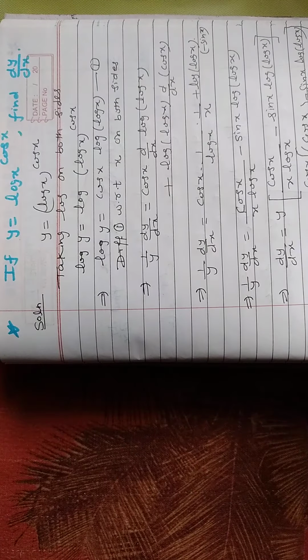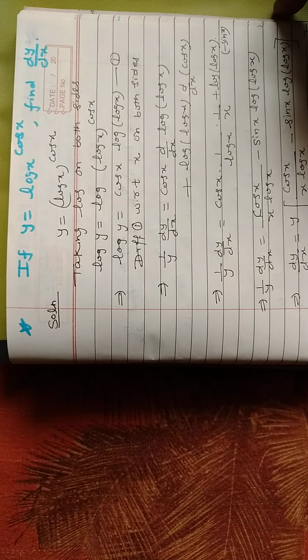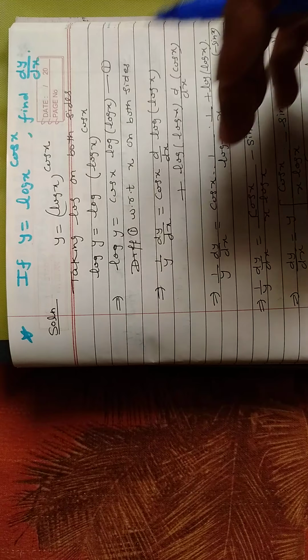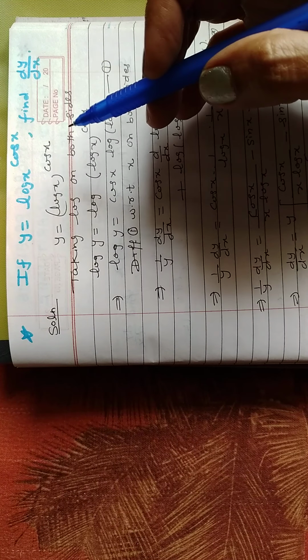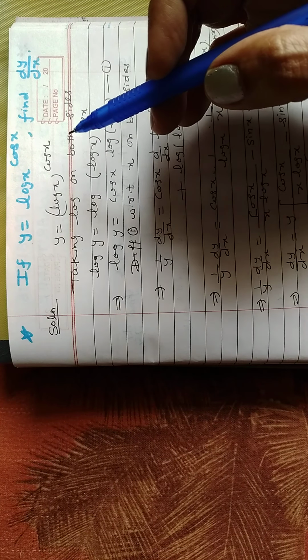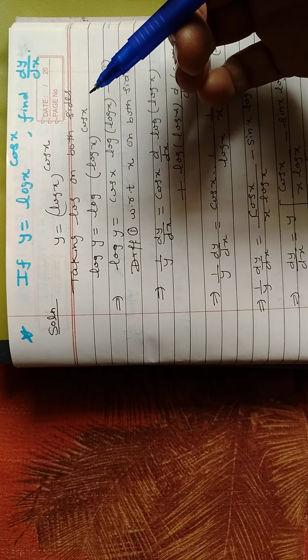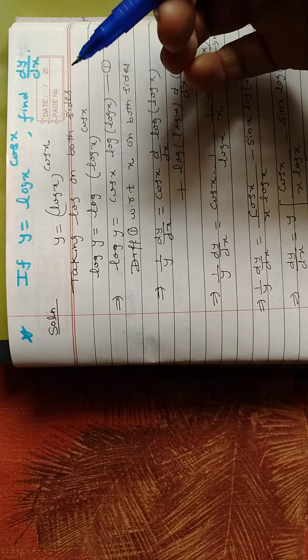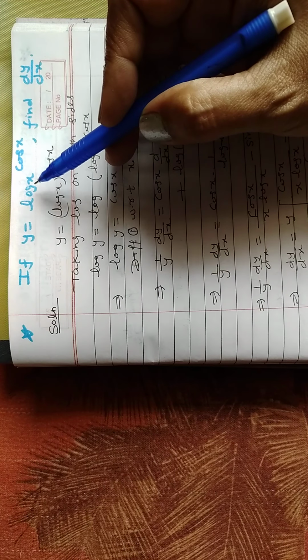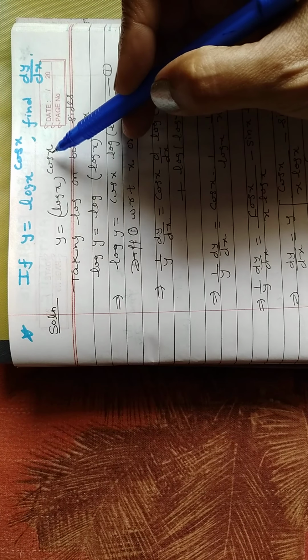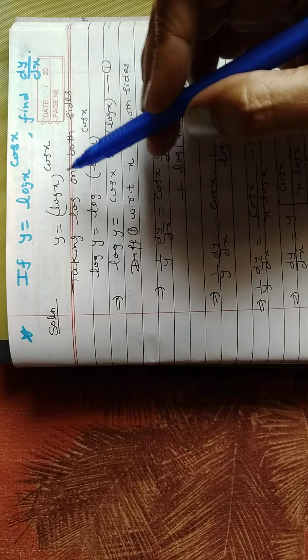One more example. If y is equal to (log x) raised to power cos x, find dy by dx. Again, firstly we will understand which concept we will use. Since it is a function raised to power another function, you will use log on both sides.